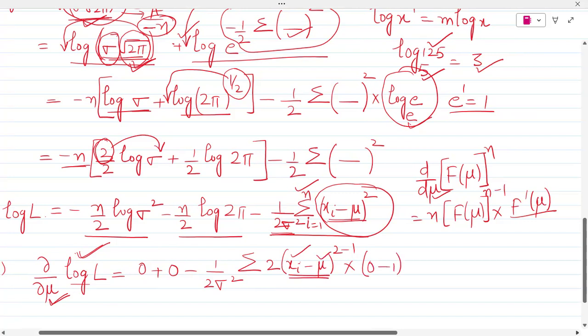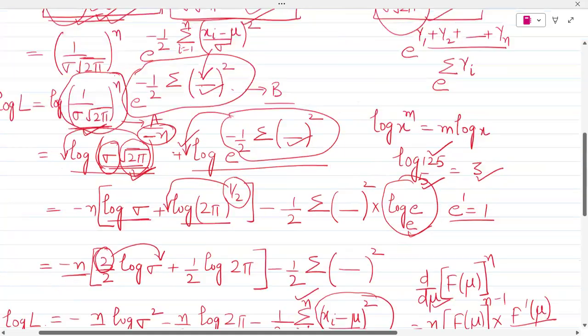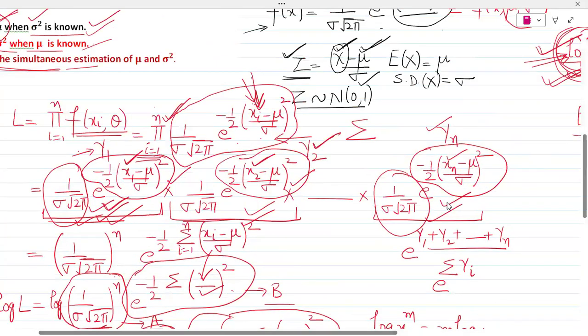Now you see this thing here. If I ask you which calculation is easier, differentiating log L with respect to mu, or differentiating L? What was our L?